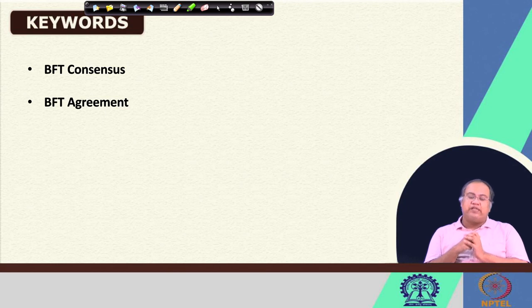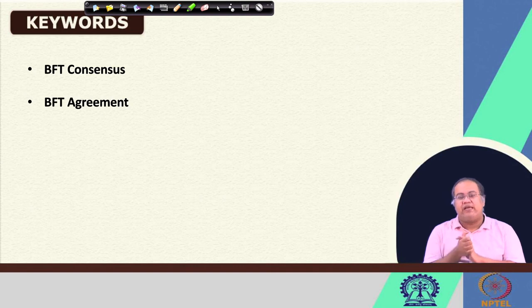These Byzantine fault tolerant algorithms are widely used in closed blockchain networks. We are going to have hands-on work with Hyperledger Fabric, and you will see that Fabric consensus uses one Byzantine fault tolerant algorithm called PBFT. That we will also look into in the next and subsequent lectures.